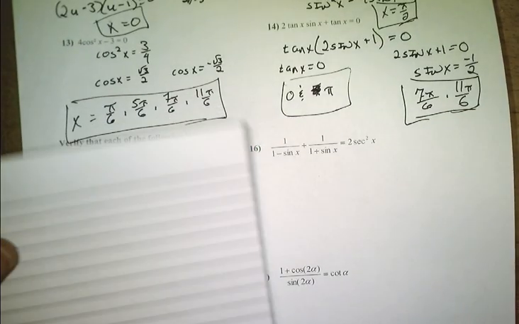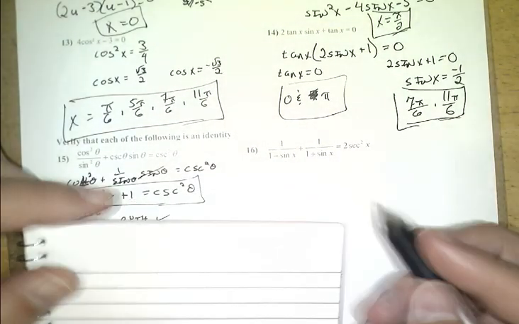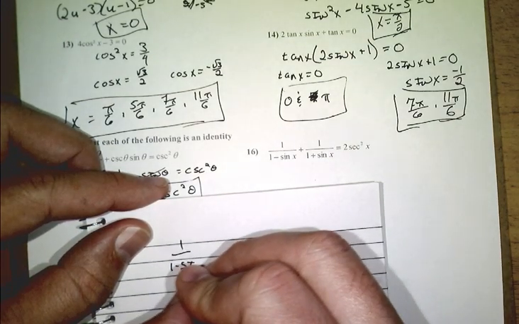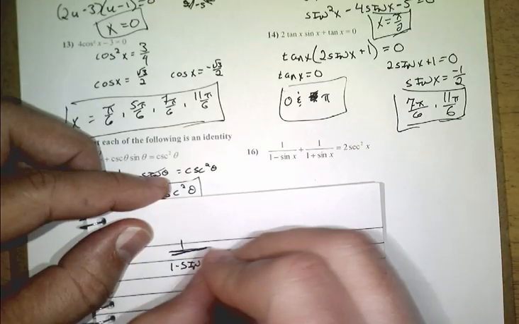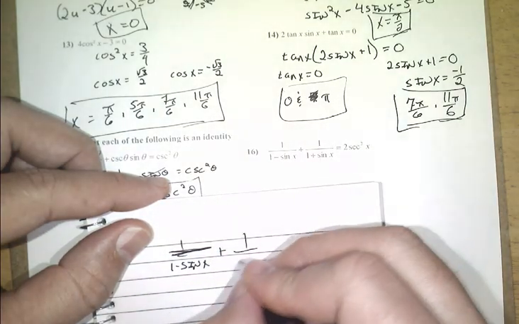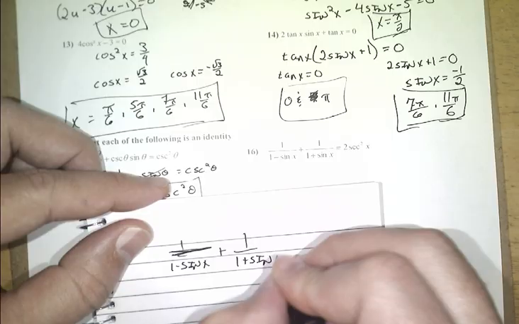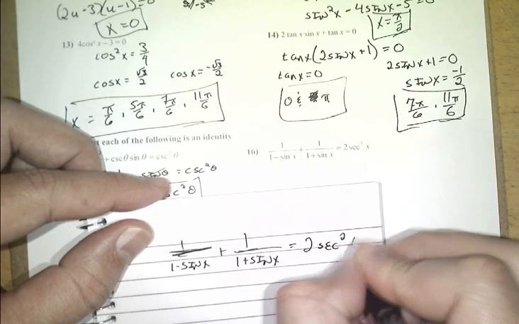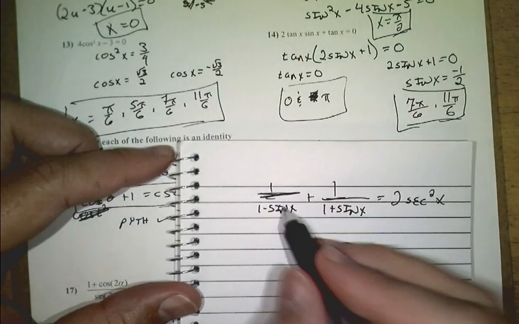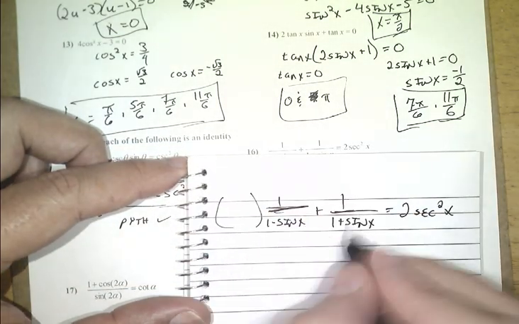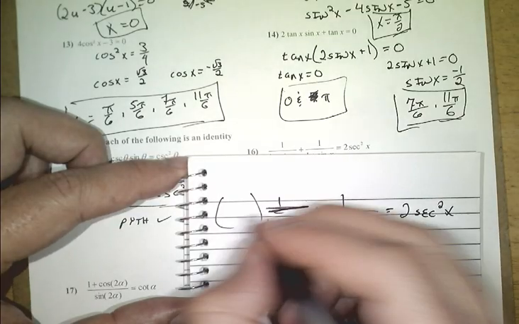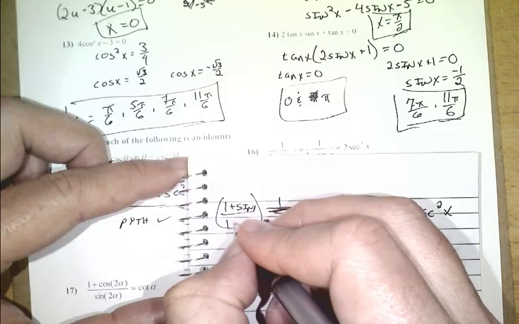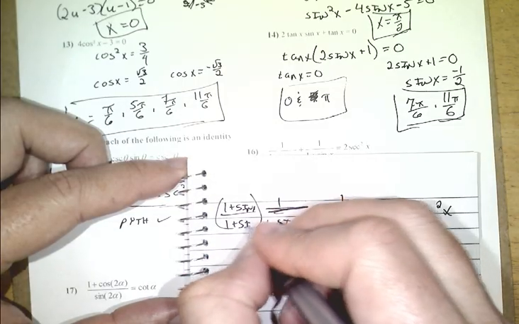So we have 1 over 1 minus sine x plus 1 over 1 plus sine x equals secant squared x. In order to get these to be common denominators, I'm going to take this one, use this denominator, 1 plus sine x over 1 plus sine x.